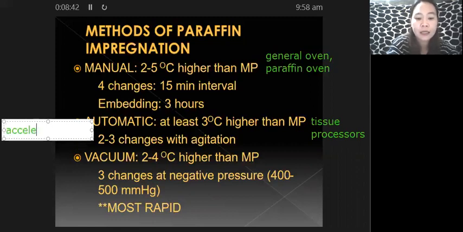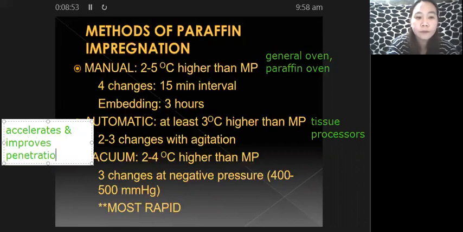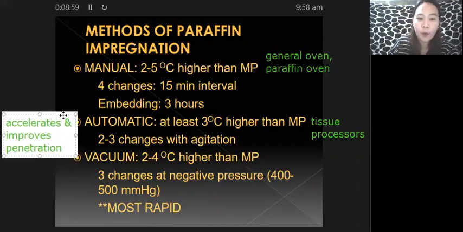Accelerates and improves penetration. So it will accelerate and improve the penetration of your wax.